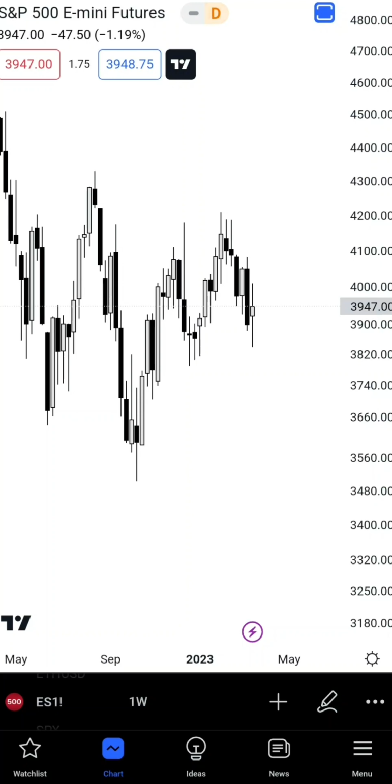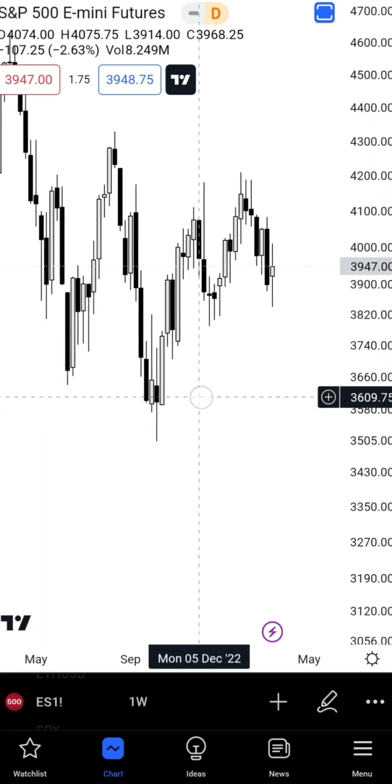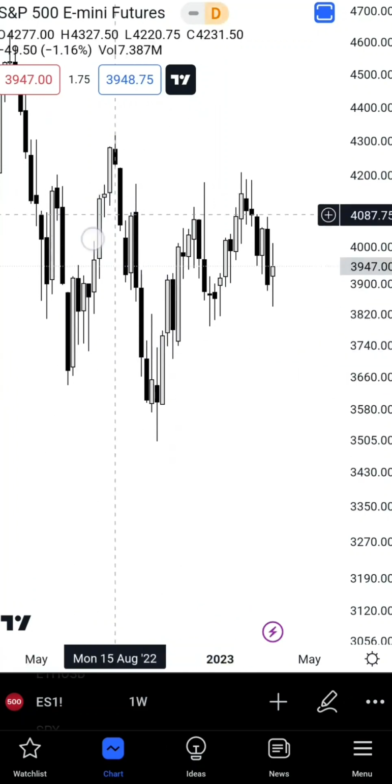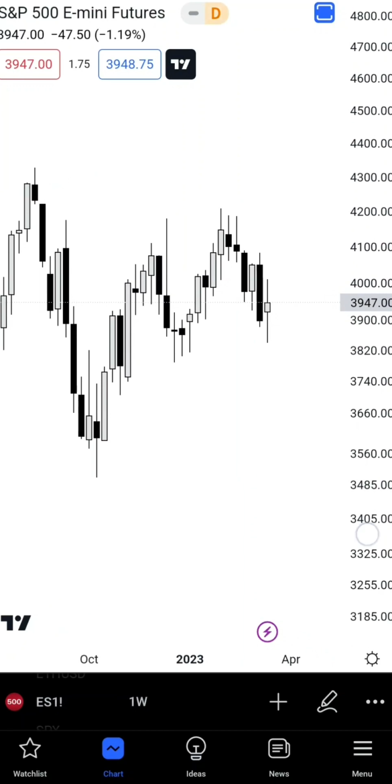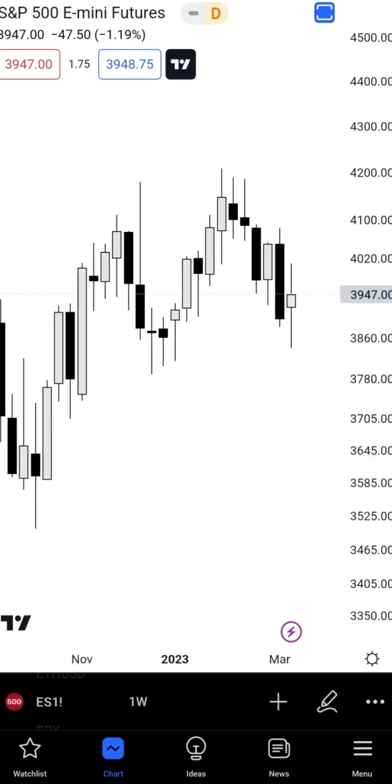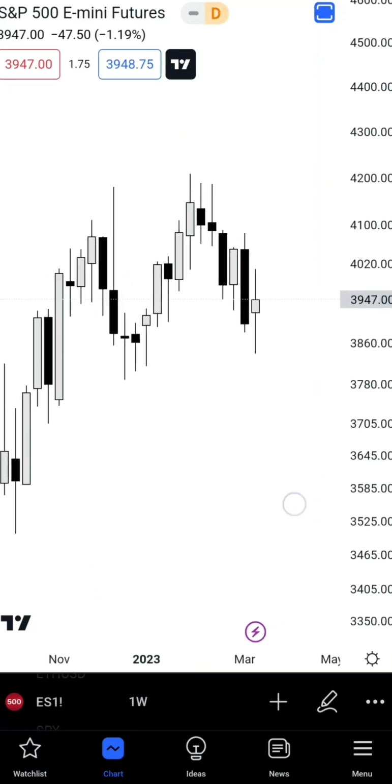Now, the fun thing is we're going to ignore all these candles. Most of these candles, they don't matter to us. We're looking at a 20, 40, and 60-day look back. Okay? So that's going to be around 8 weekly candles.